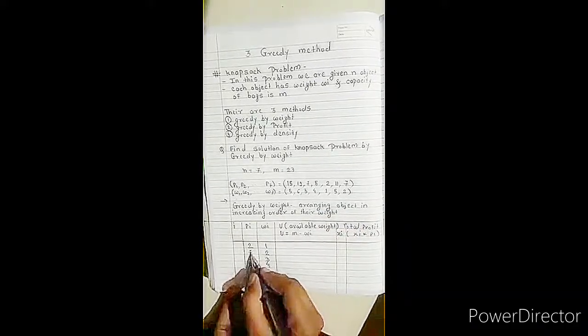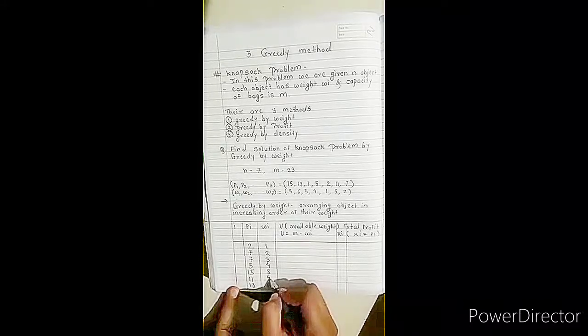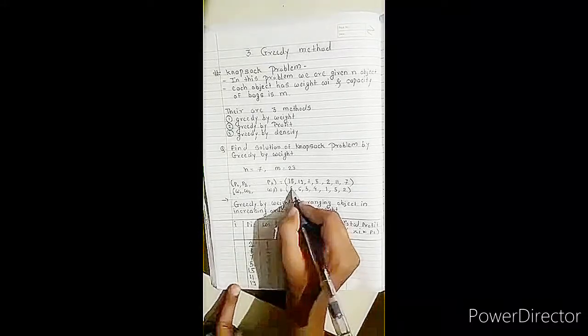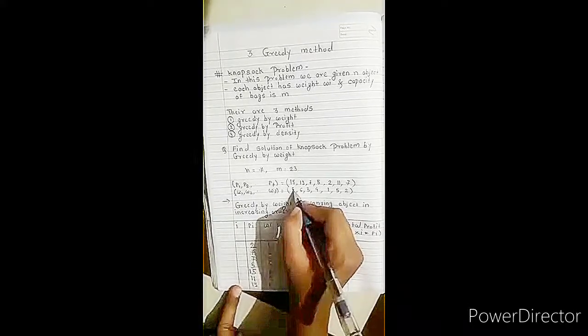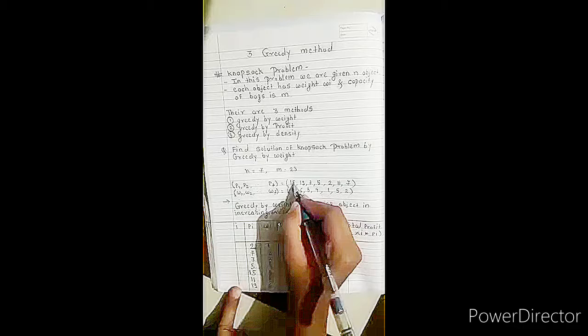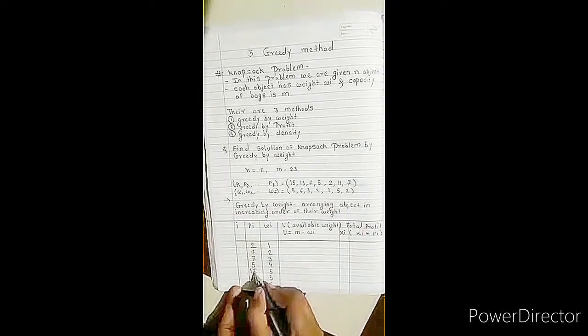Here, for similar values 5, the first priority is first come. So here the first weight 5 profit is 15. Note it down here.